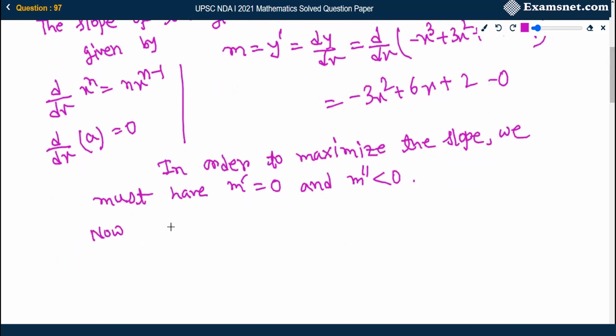Now since m dash equals 0, that means d/dx of minus 3x square plus 6x plus 2 equals 0.